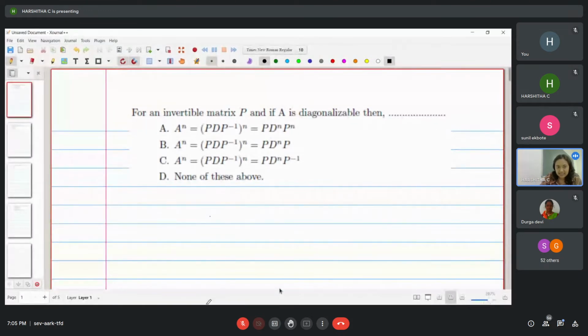Okay, so you're right. What do you mean by A is diagonalizable?